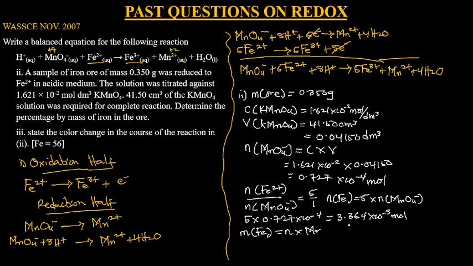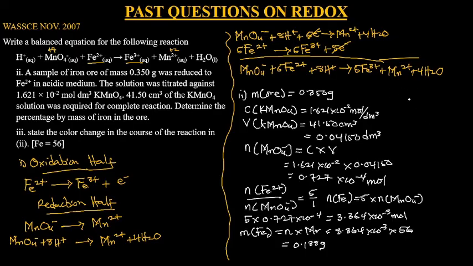Now the mole is 3.364 times 10 exponent minus 3, and the molar mass is 56. So when we punch that in the calculator, we're going to have a mass of 0.188 grams.